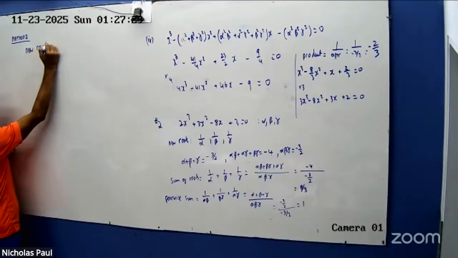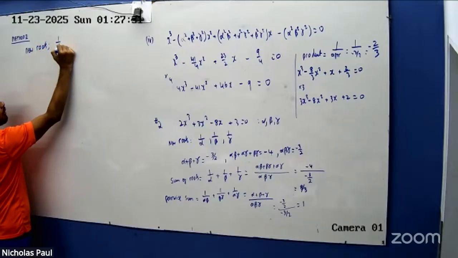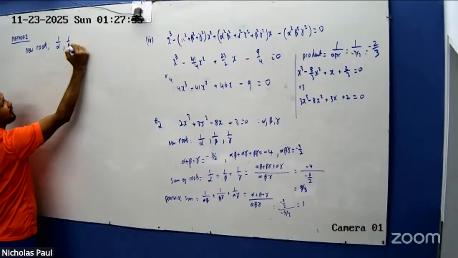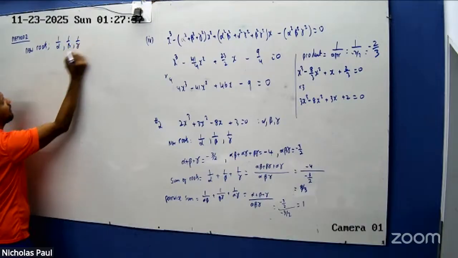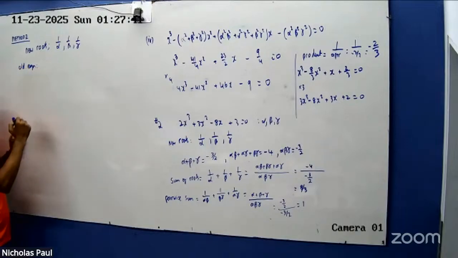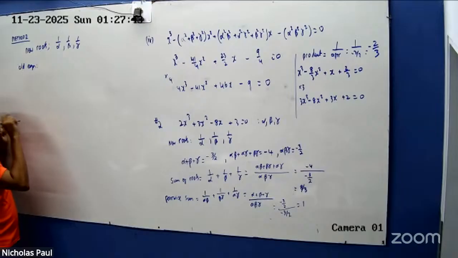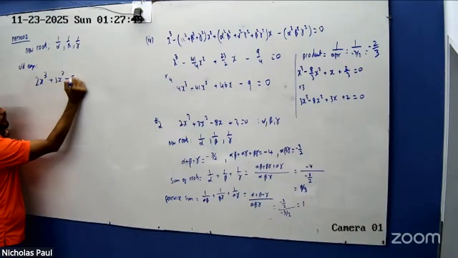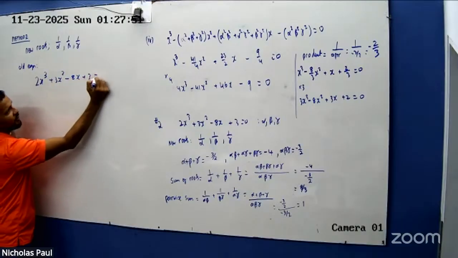right? We know that the new roots are what? The new roots are 1 over alpha, 1 over beta, 1 over gamma. And the old equation was what? Nathan, what was the old equation? The old equation was 2x cubed plus 3x squared minus 8x plus 3 is 0.